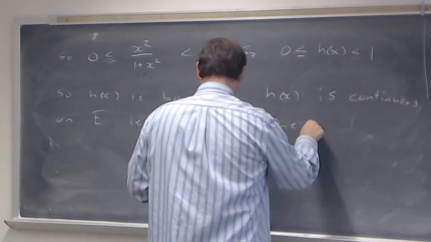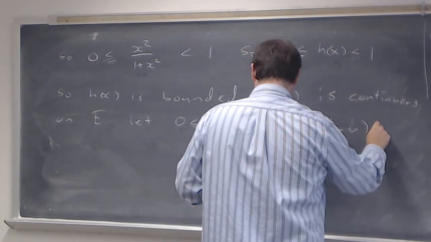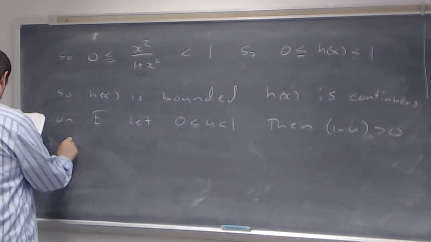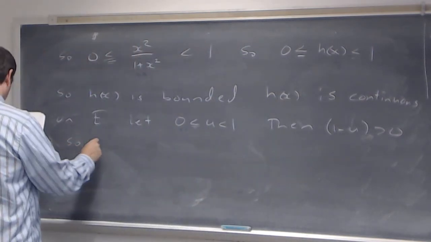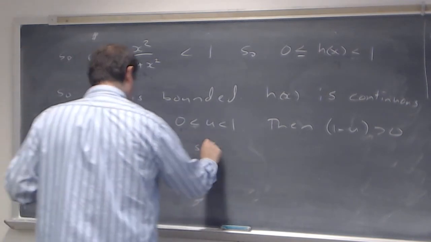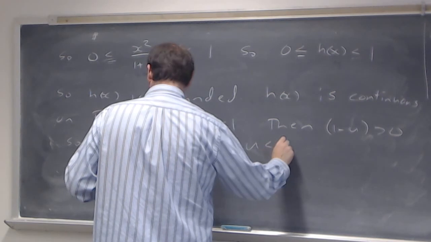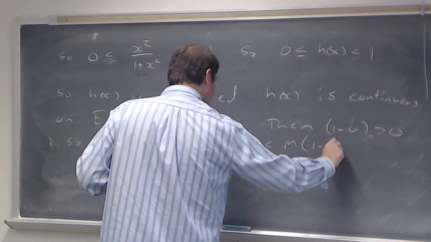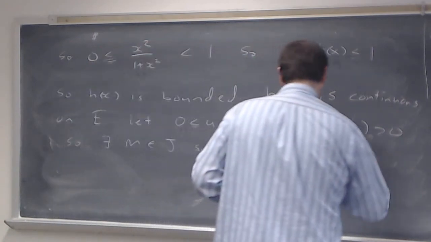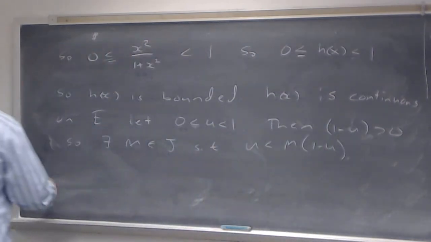Then 1 minus u, again, is going to be greater than 0. So there exists an m element of J such that u is less than m times 1 minus u. This is from an early result in chapter 1, I should say.